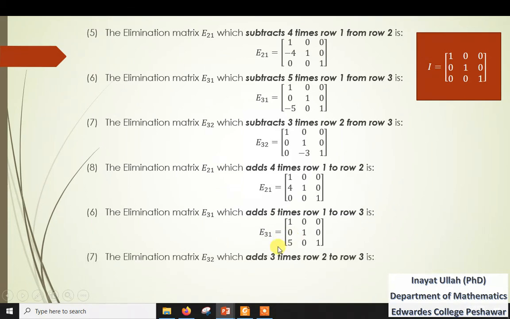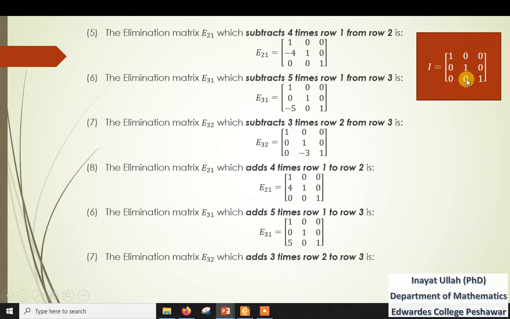And similarly, the elimination matrix E32. Now we are dealing with row 3 and row 2, which adds 3 times row 2 to row 3. So changes will occur in row 3, and we are dealing with row 2 and row 3. Changes will occur here in row 3, in that place where there is 1 in row 2.